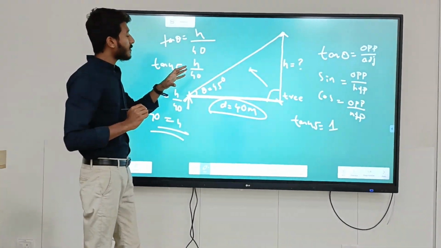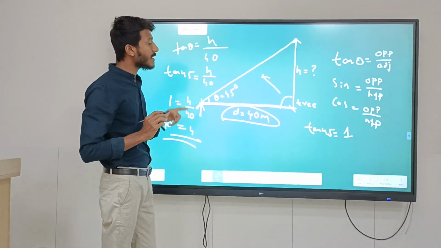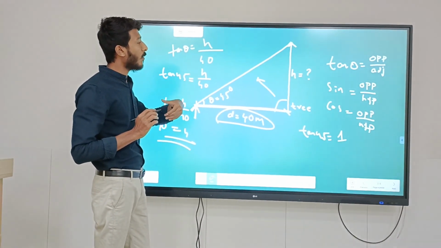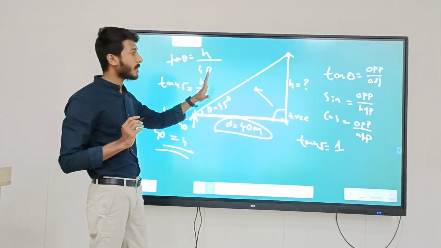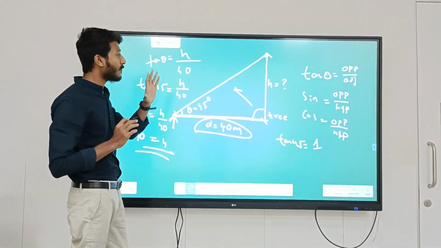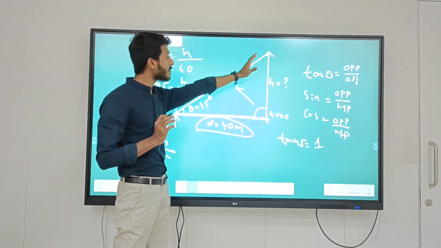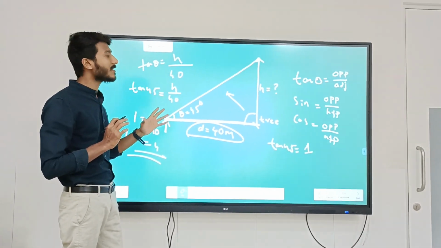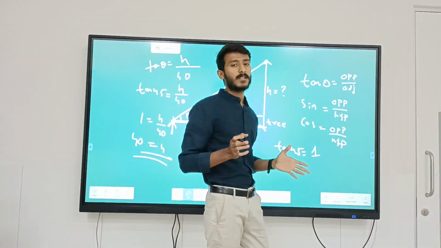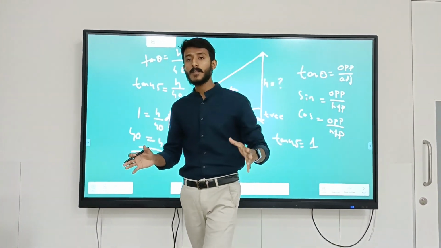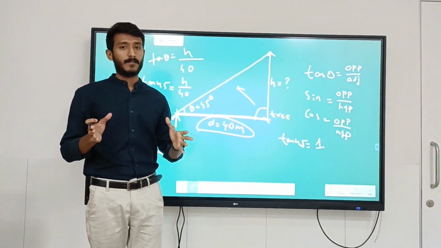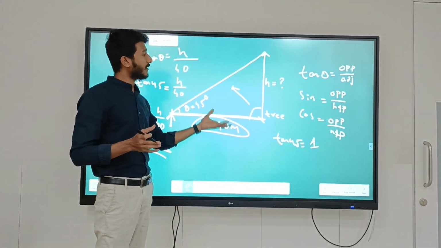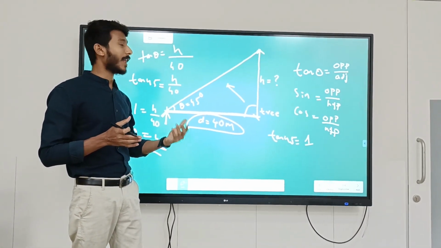If we know this angle as well as one side, we can find all the other sides of this triangle. This is an application. If you want to find the height of a tree, we can simply use trigonometric functions. Not only the height of a tree, but the height of a building or a mountain, everywhere we use trigonometric functions. In the case of a tree, it's easy, we can just climb and measure.